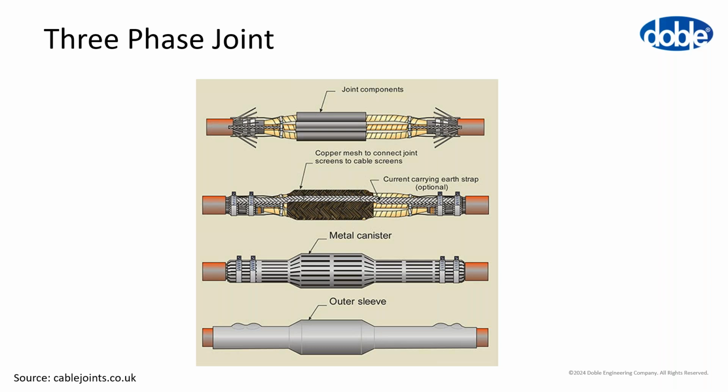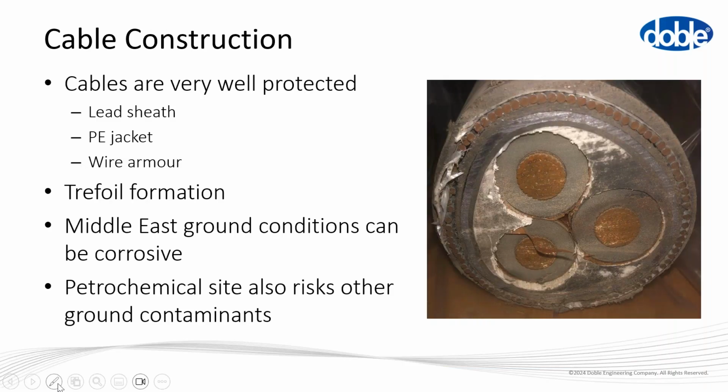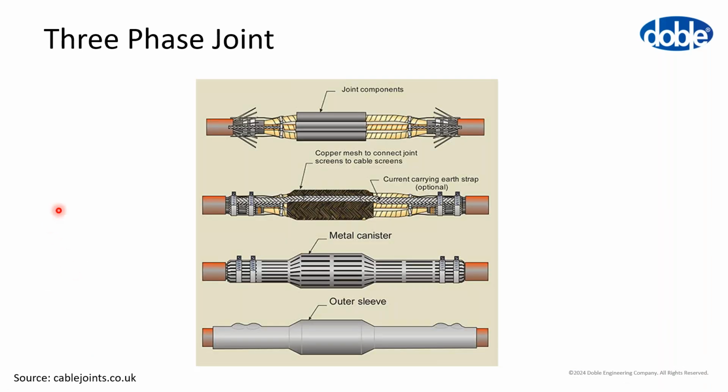So let's get my pointer again. Normally when we're constructing the joint, we have 3-core cable on either side. We break out the cores, 1, 2, 3, and then we join the conductor, and then the joint body gets applied over the top of that. So we have 1, 2, 3 joints.